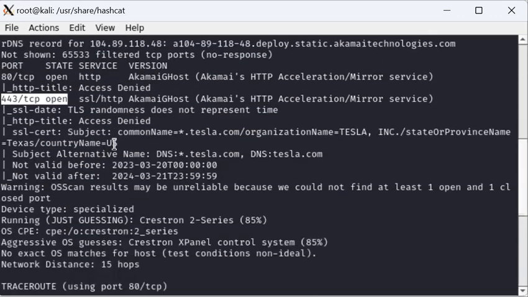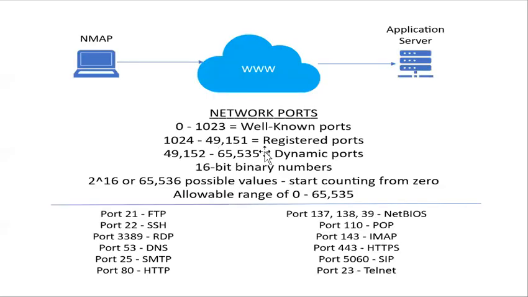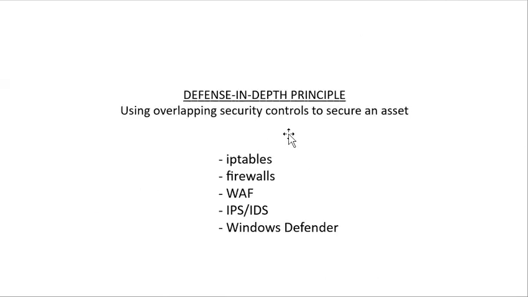As you can see, then what should you do to guard your server? We said earlier, if you remember, we talked about all these ports that you might find opened on a server running on the internet. But then there's a term called the principle of defense in depth.